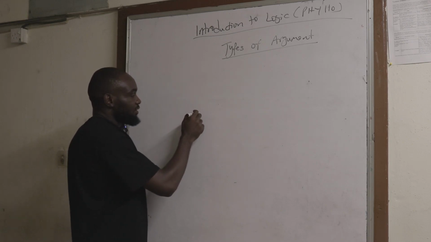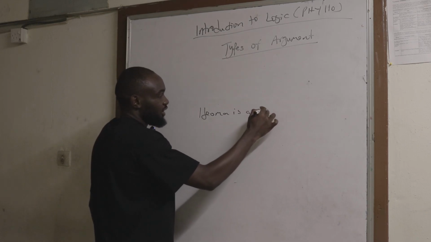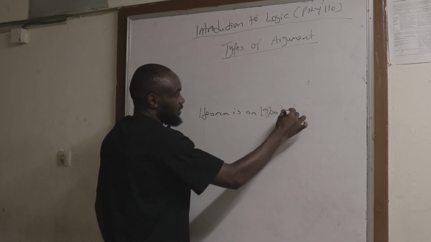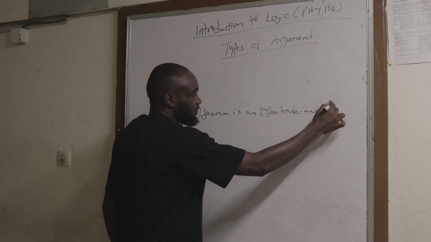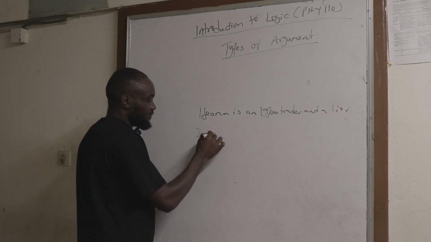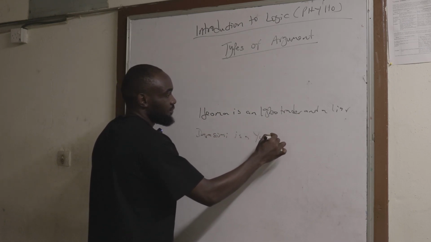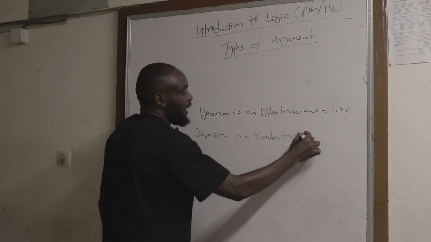Let's take, for example, I say that Ijoma is an Igbo trader and a liar. And I say that Darasimi is a Yoruba trader and a liar.